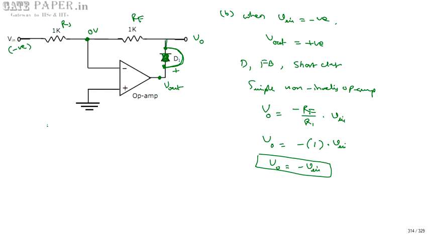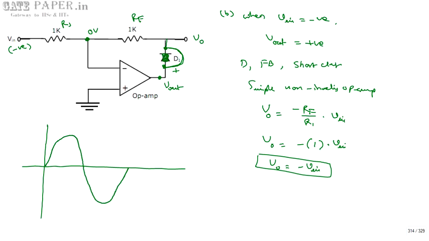We can draw the waveform like this. I am going with one complete cycle, and the remaining cycles simply follow this. Let us assume this is omega t and the magnitude.